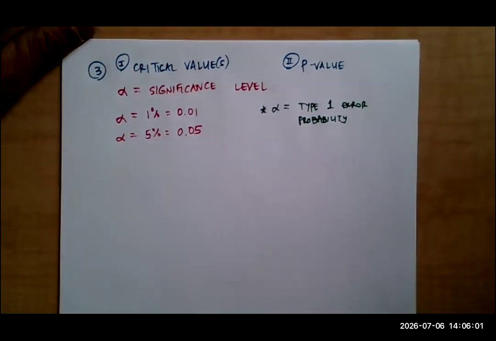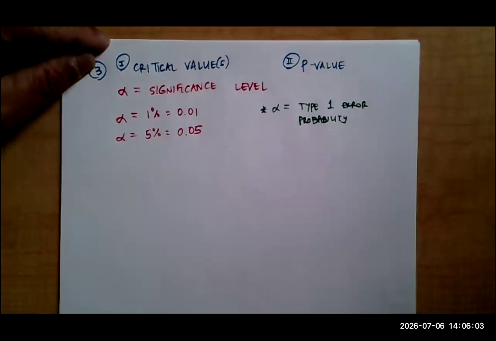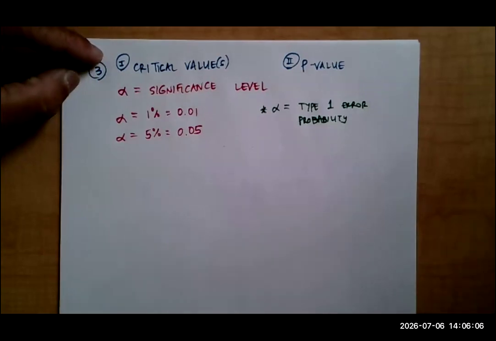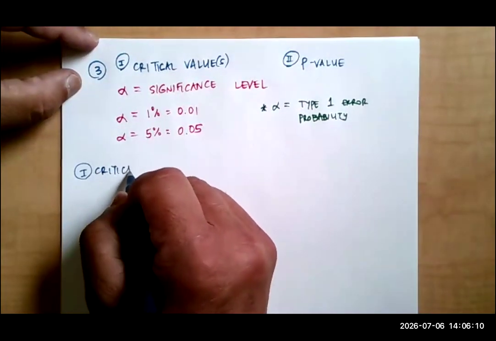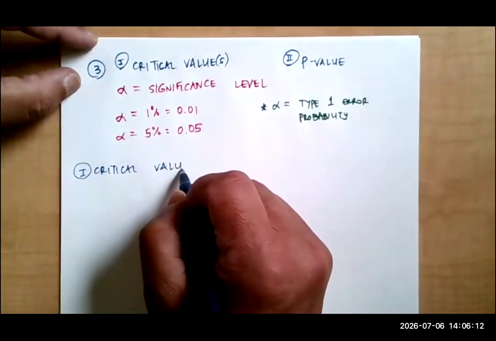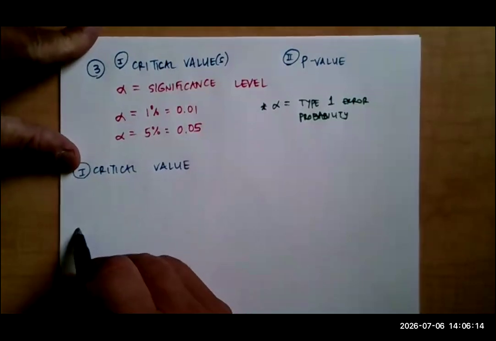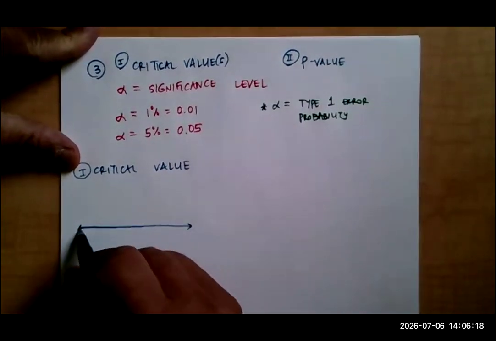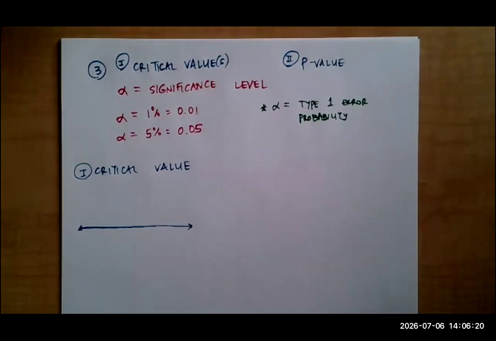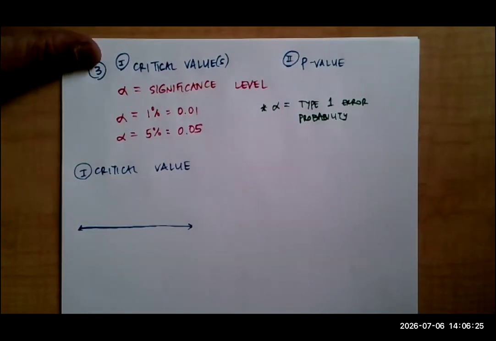All right, so with that said, with our critical values, doing this first time, our critical value method, depending on whether we have that normal distribution, the z, or the student t distribution, or later we can talk about the critical values using the chi-square distribution.